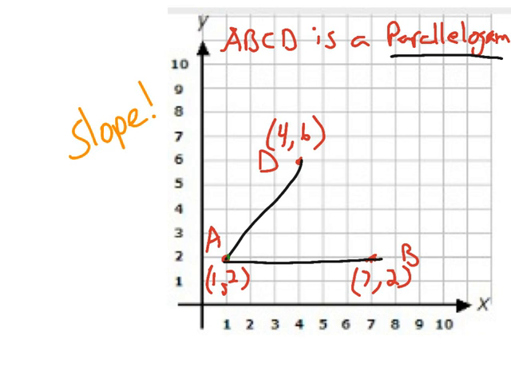So we're going to go 1, 2, 3, 4 up, and 1, 2, 3 to the right. I'm going to do that same exact thing starting at B. Remember, it was up 4, 3 to the right. 1, 2, 3, 4. 1, 2, 3.